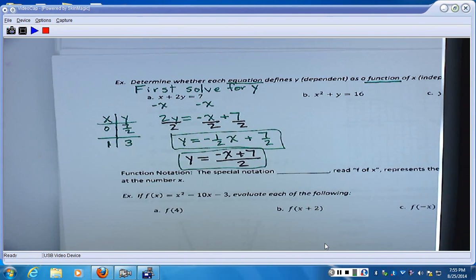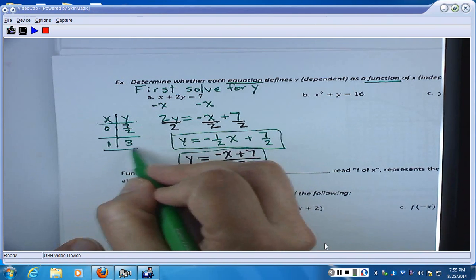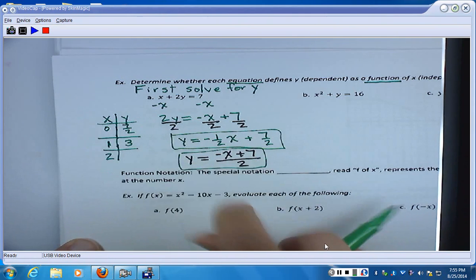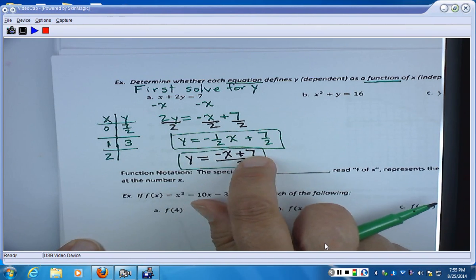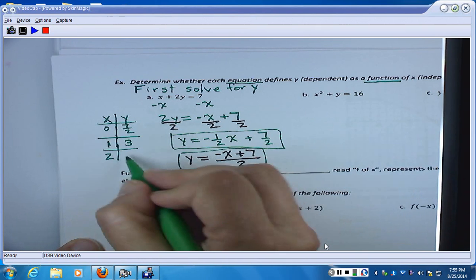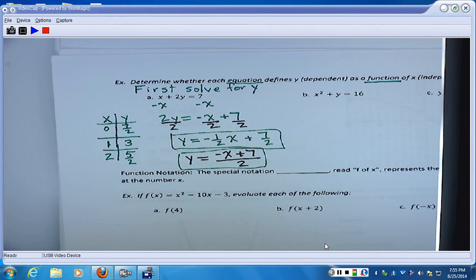So you don't have to show every little step. Plugging in 2 for x, you get negative 2 plus 7, that's 5, divided by 2 is 5 halves. So do you see that there's no way, no matter what I pick for x, I won't get 2 y's.